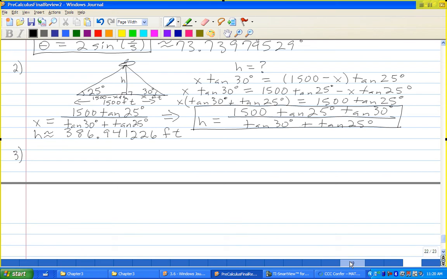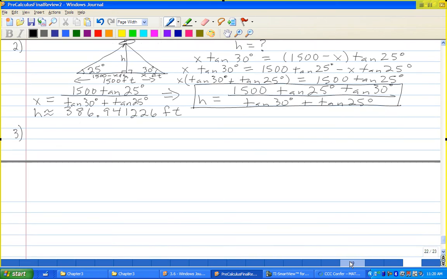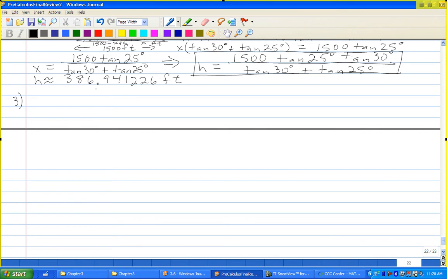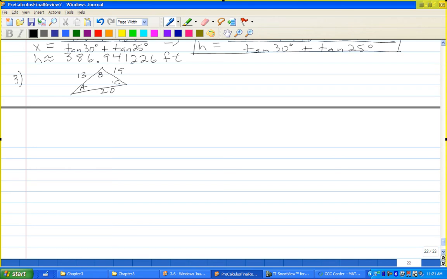Okay, problem number 3. Given a triangle whose sides are, I don't know, 13, 19, 20, and let's call this A, B, C. So I can use the law of cosines. Then this will have just one answer.